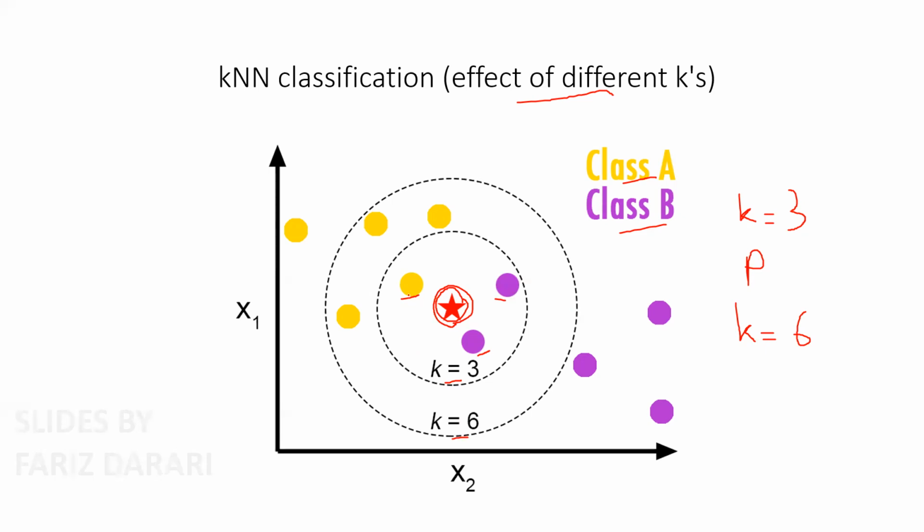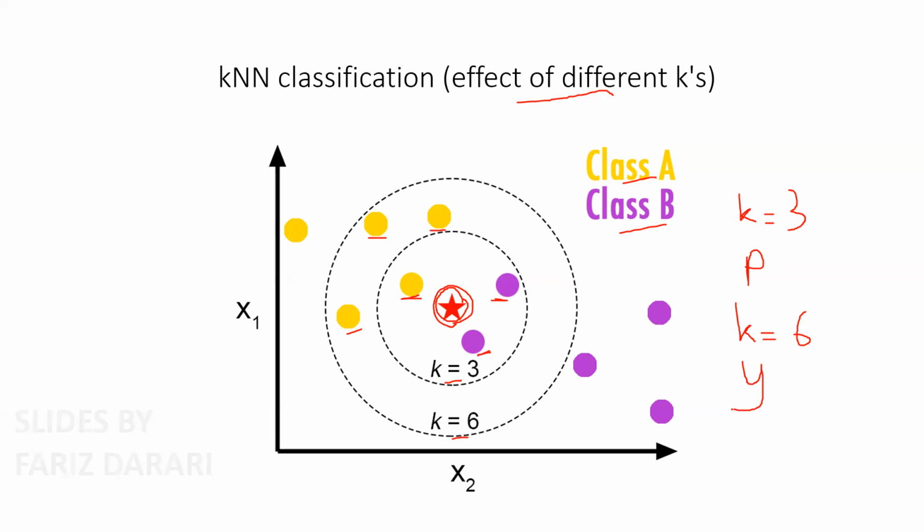You see, now there are 1, 2, 3, and 4 yellow points near the star, and then there are just 2 purples. It's 4 against 2. This means that the majority label is yellow instead of purple.